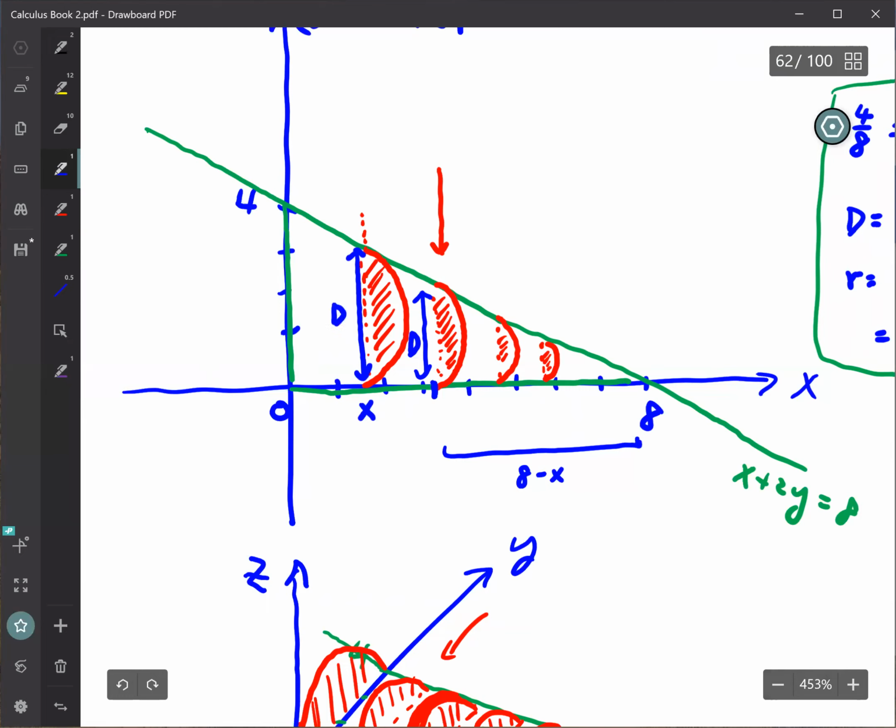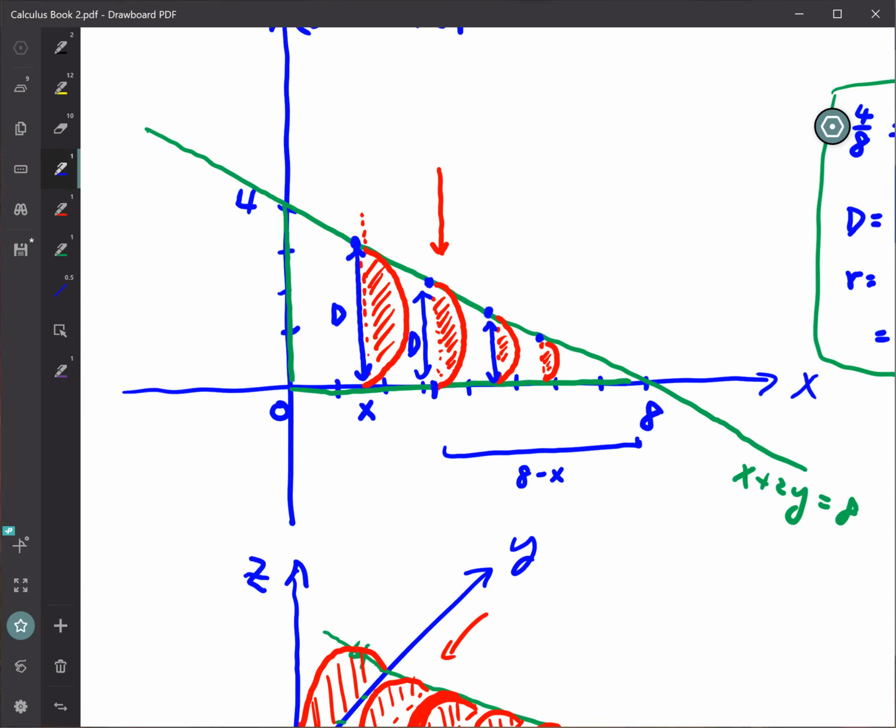So it depends on the green line, cutting through from 4 to 8. Every diameter depends on the green line. So how tall the diameter is is actually the y value of each x, right?